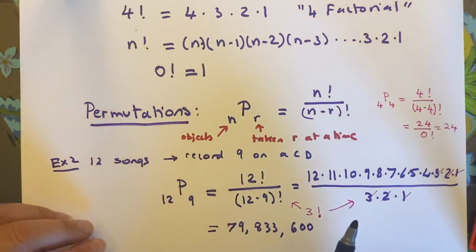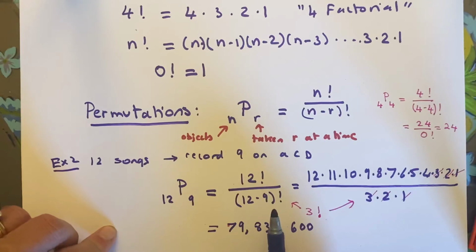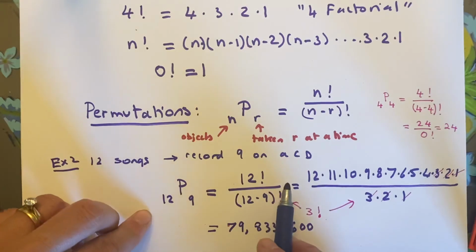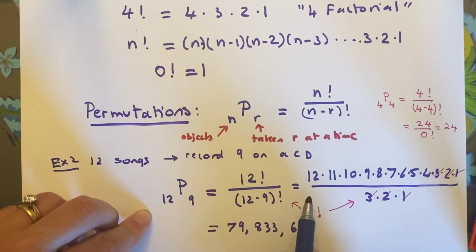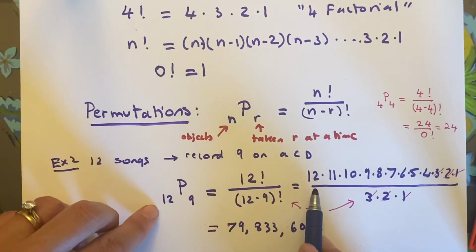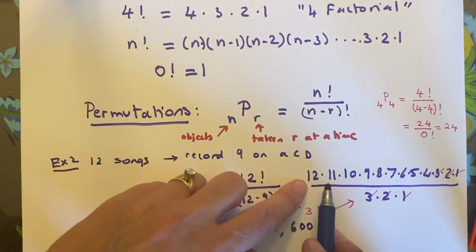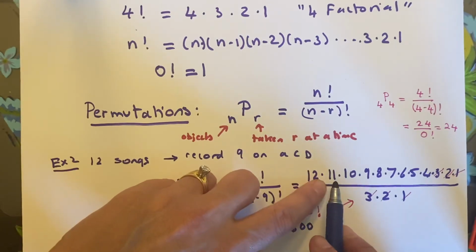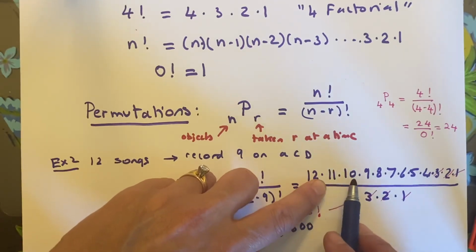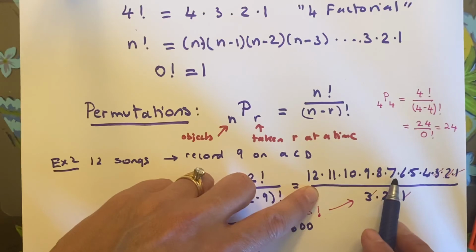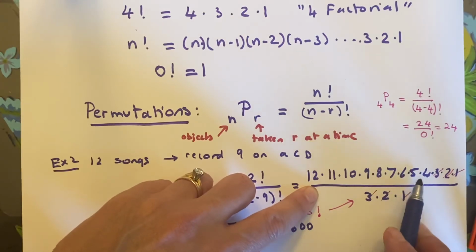Now, another way to look at this equation, and for why it works, is simply speaking, the same way we did the selection for July, right? When we're looking at these songs, once you pick the first song for your CD, you have a choice of 12 for the first song, then you have a choice of 11 for the second song, and then a choice of 10 for the third song, and a choice of 9 for the fourth, 8 for the fifth, 7 for the sixth, 6 for the seventh, 5 for the eighth, and 4 for the ninth.